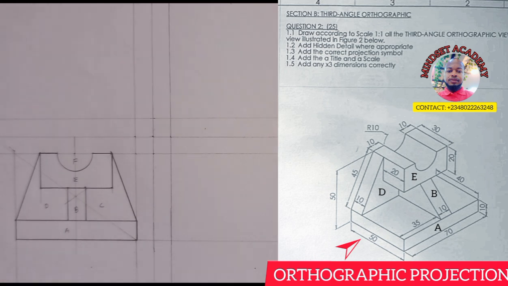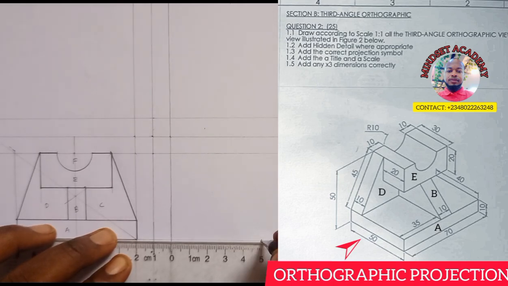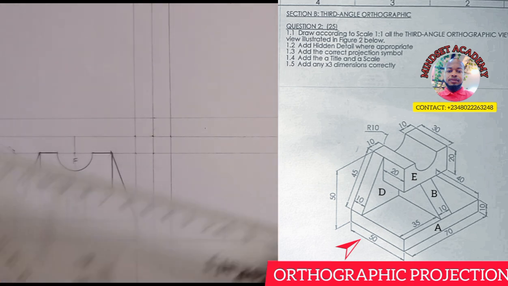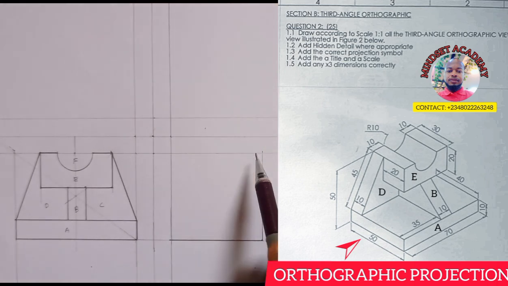So I'm going to measure the length of 50 from the side. This is 50 here, right? And I can just thicken it straight ahead. And the height is the same height as that, so I can easily complete it this way to just end at this point.